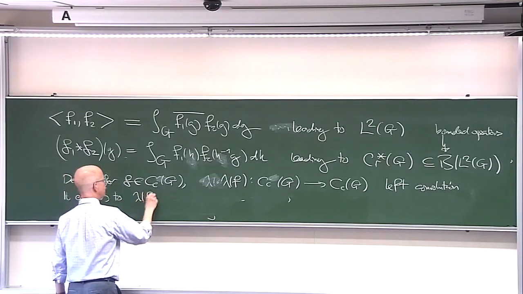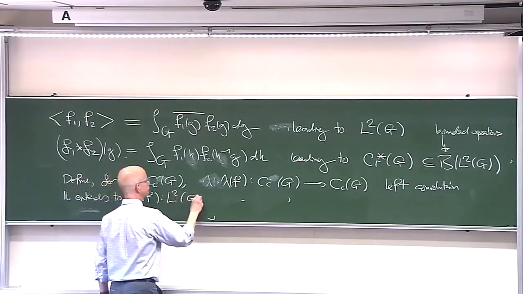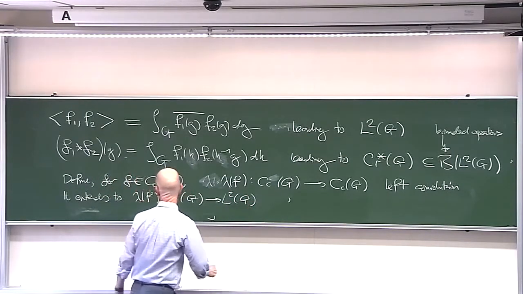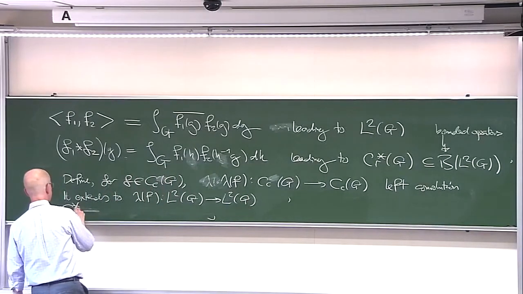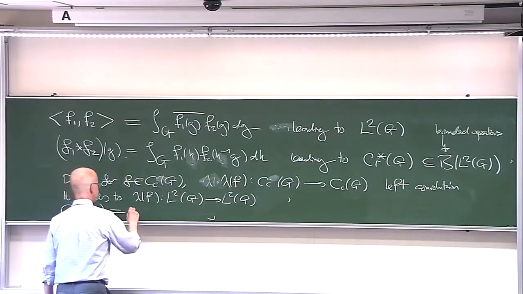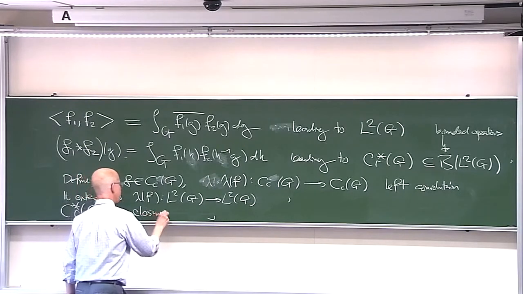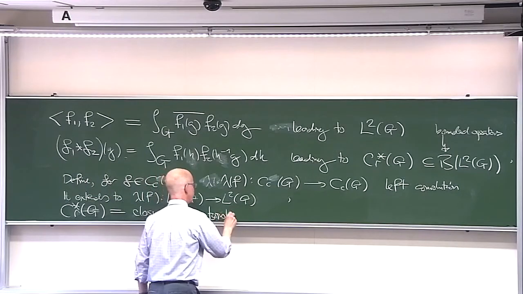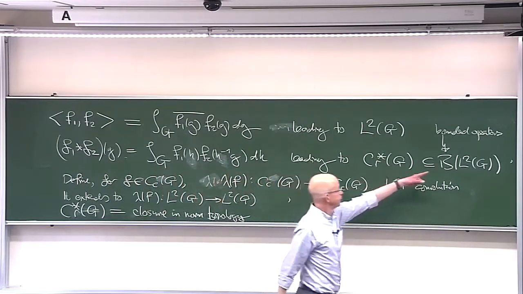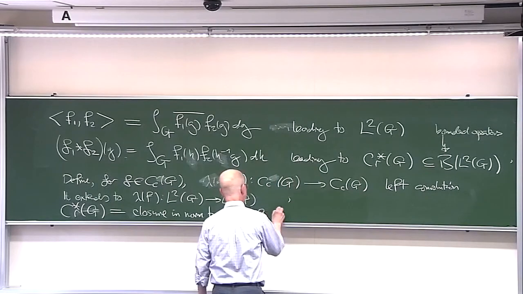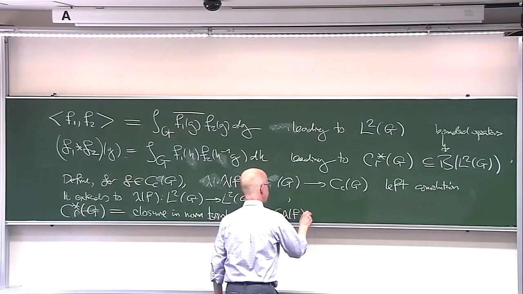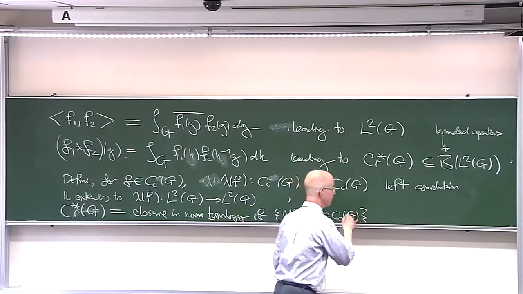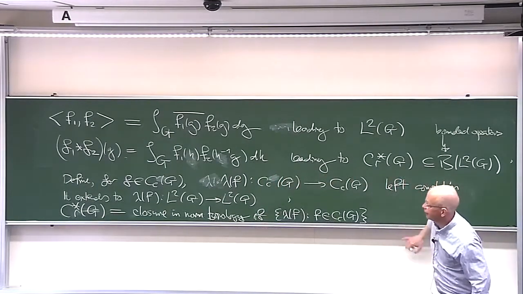It extends continuously to a bounded operator on this completion. And the C-star algebra, the thing I want to study in these lectures, is just the closure in the operator norm topology, inside of here, of the set of all of these. So now you officially know what this thing is.